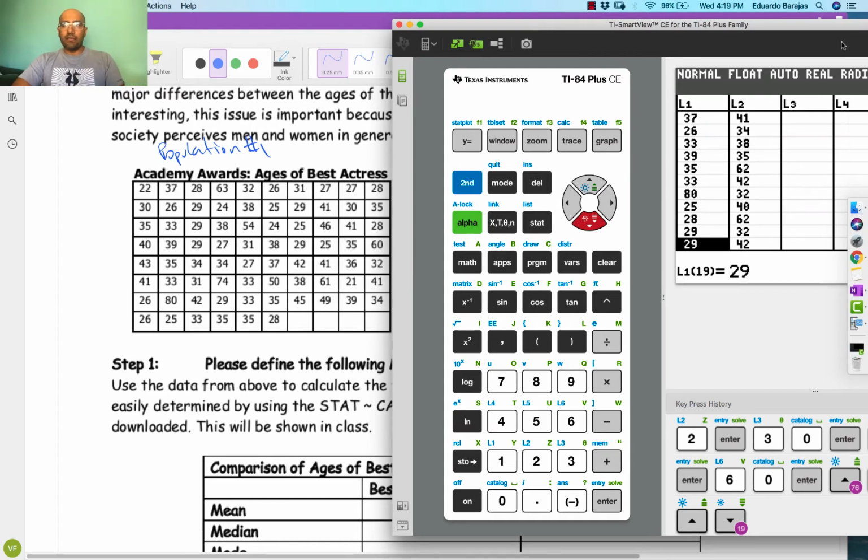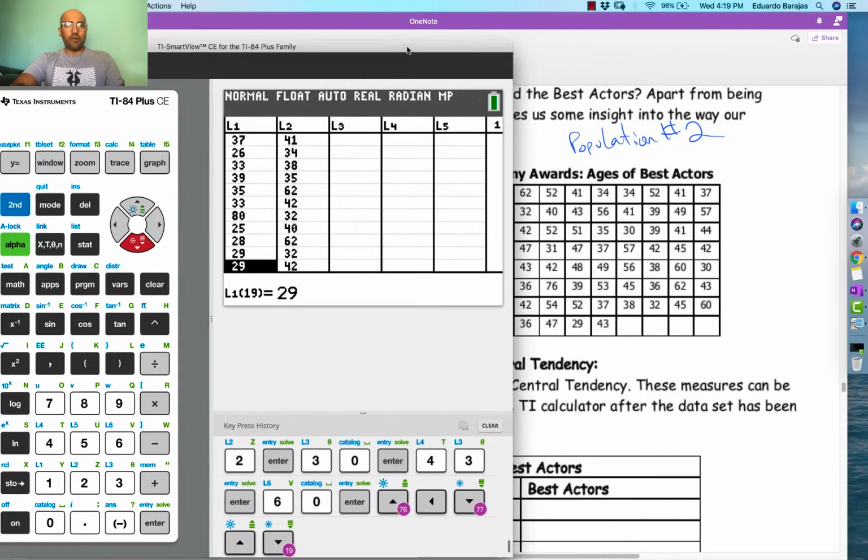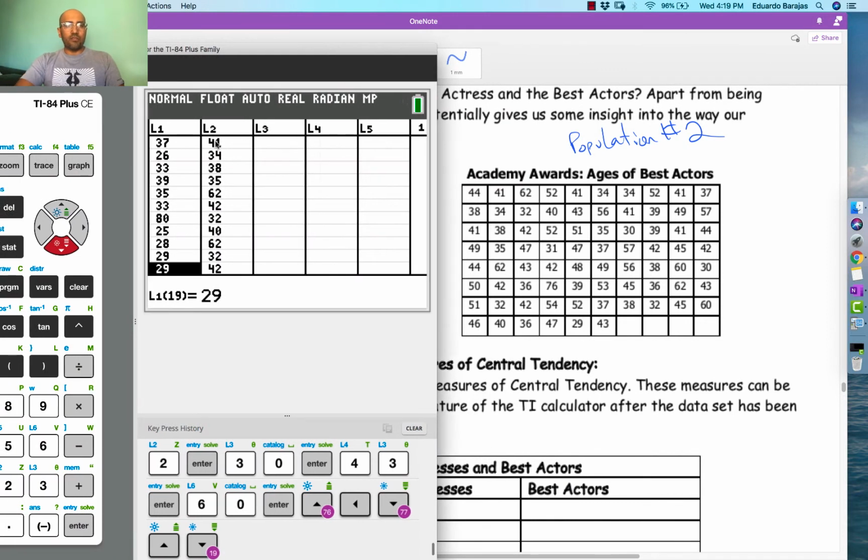And then on list 2, I put the ages of all the best actor awards, when they won their award. Somebody was 32, another year someone was 42, another year someone was 47, another year someone was 42, 37. All of these values have been listed onto list 2.